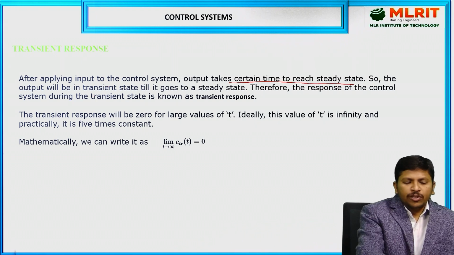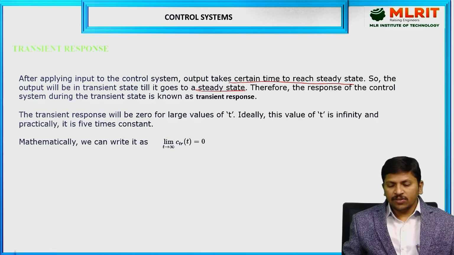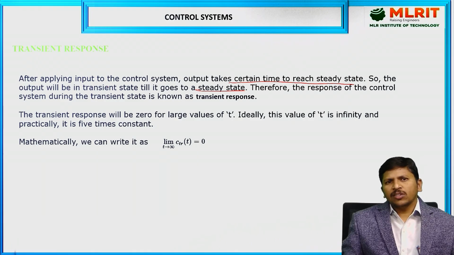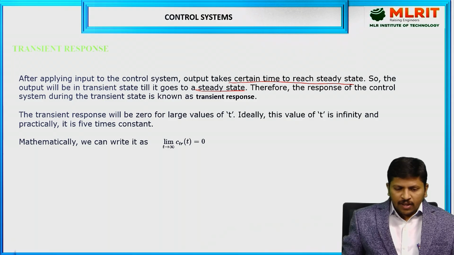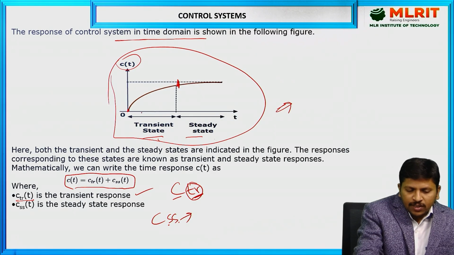So the output will be in the transient state until it reaches the steady state. Therefore, the response of the control system during the transient state is known as the transient response. When we apply the input, it takes some time to reach the steady state.